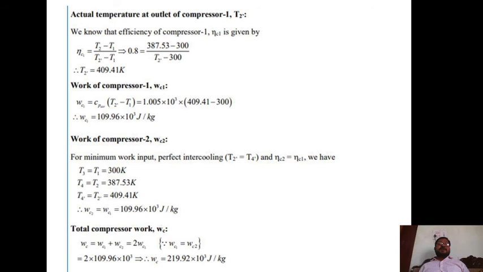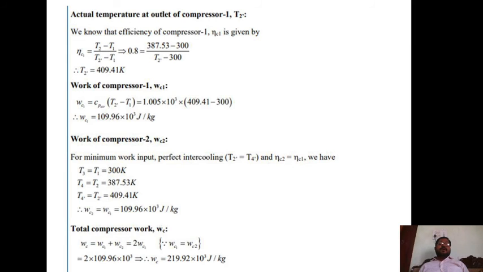Work of the second compressor, for the maximum work output, perfect intercooling. Perfect intercooling, he has given T2 dash is equal to T4 dash. And compressor efficiency of the first compressor is equal to efficiency of the second compressor. That is ηC1 is equal to ηC2. That is nothing but the isentropic efficiency of the compressor is equal to the efficiency of compressor 2, the second stage of the compressor.